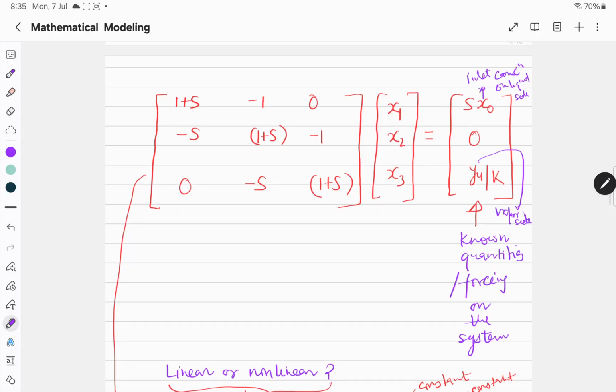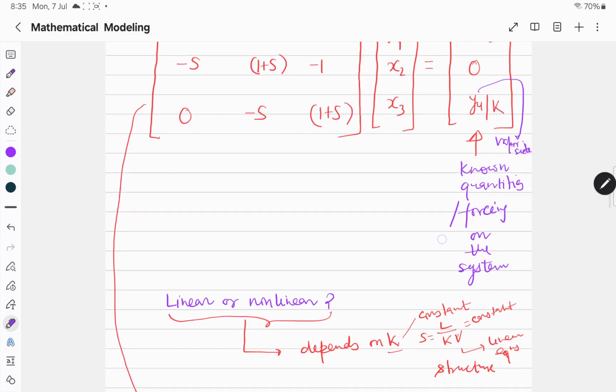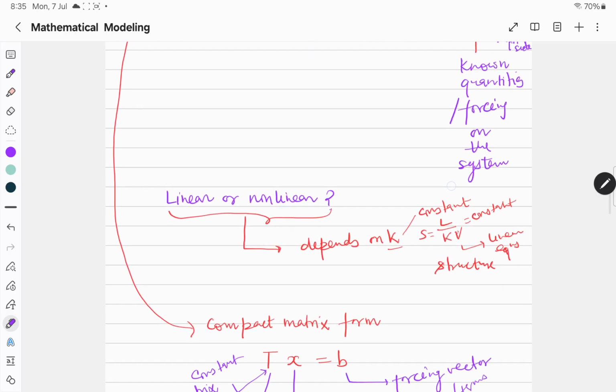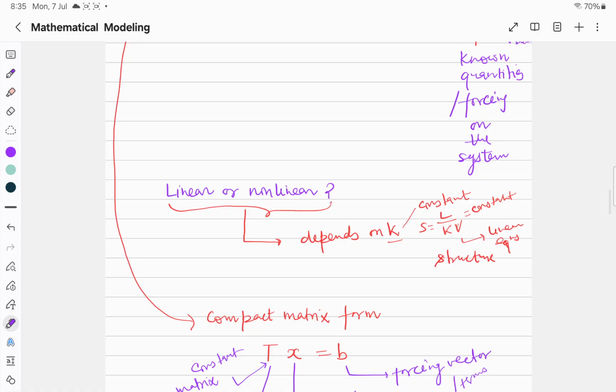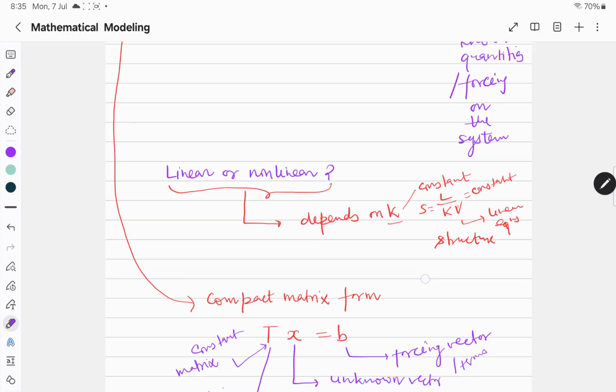So this could be a linear model if s is just a number, not a function of any composition. Now if k depends on the composition, then it could not be linear. Then it will be a non-linear model.